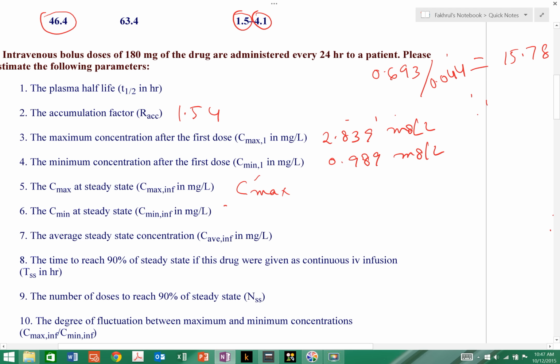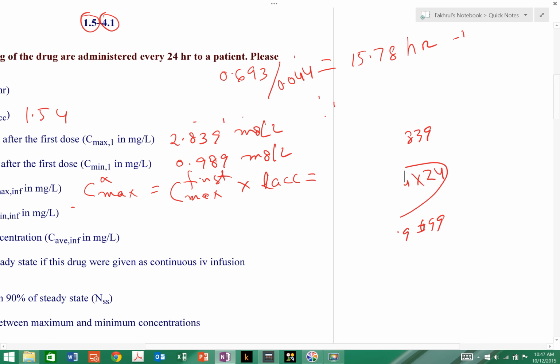Cmax at steady state would be Cmax first times RA. What is the Cmax first? Our Cmax first was 2.84 times RA, which is 1.54.